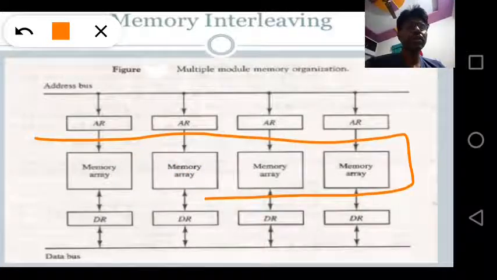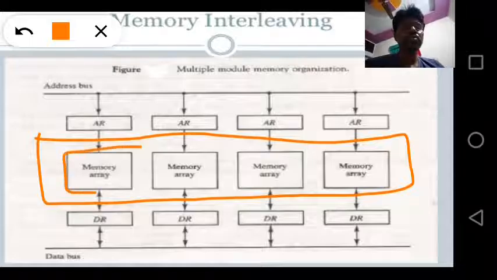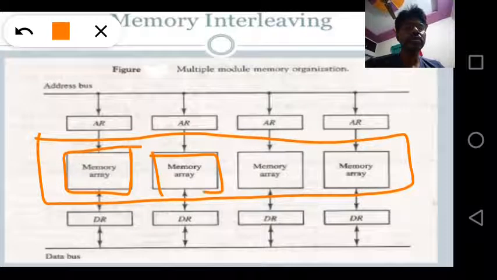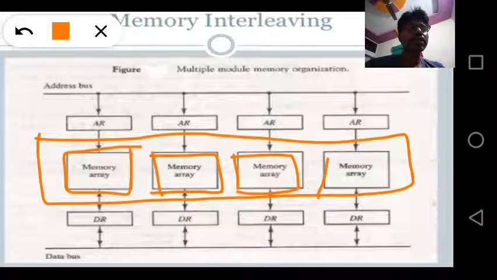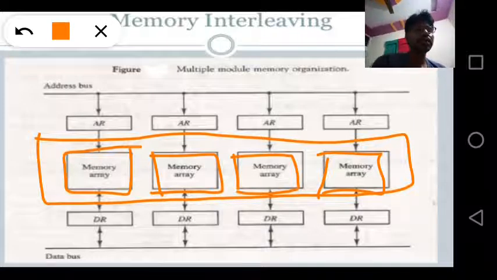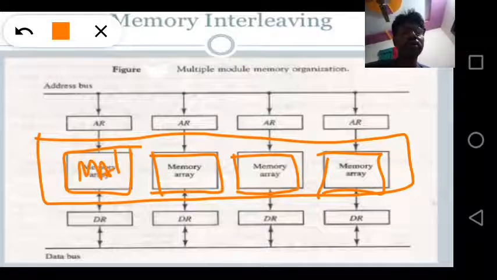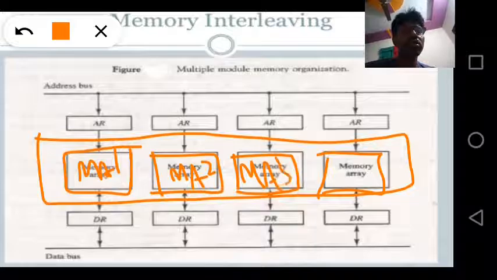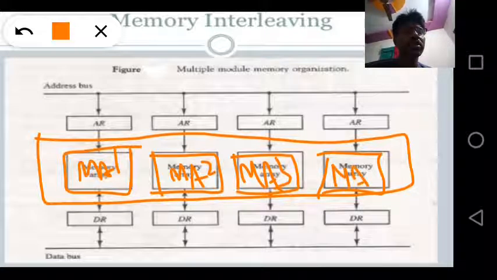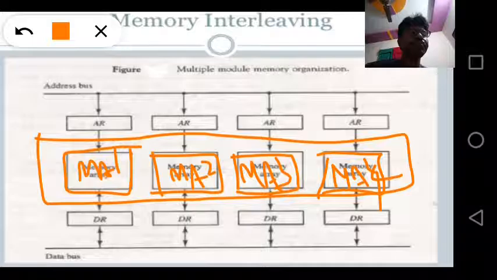So the main memory is divided into memory array 1, memory array 2, memory array 3, and memory array 4.